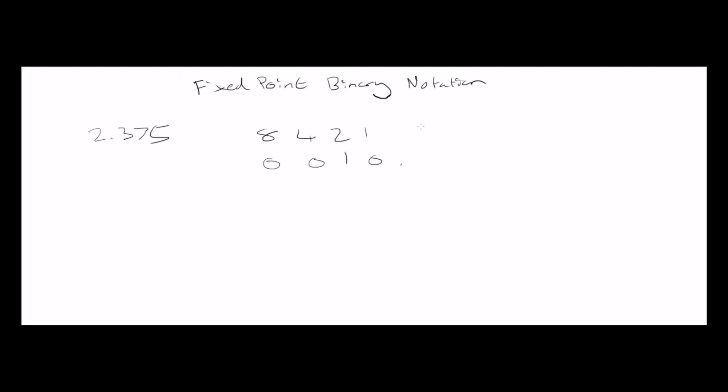And then here, because it's 0.375, we're going to require a combination of 2 fractions, and 0.375 is equal to 3 over 8, which is equal to 1/4 plus 1/8.